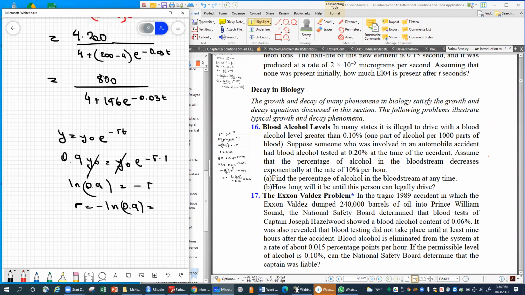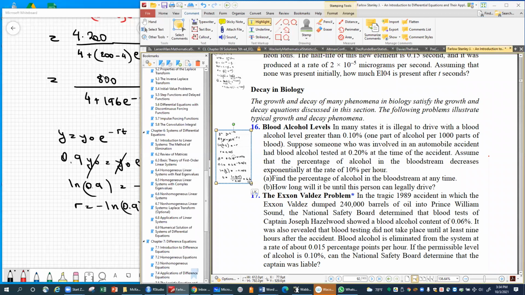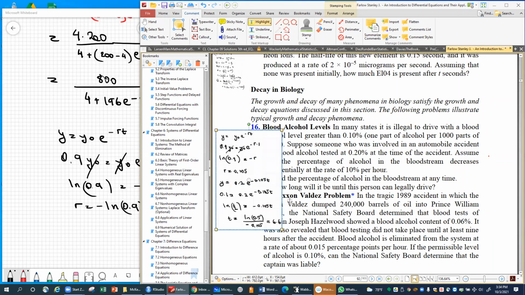0.105. Found it here. And then the initial amount we were told is 0.2. And with decaying, we want to know when it's going to drop down to 0.1. So what time? We solve this exponential equation.